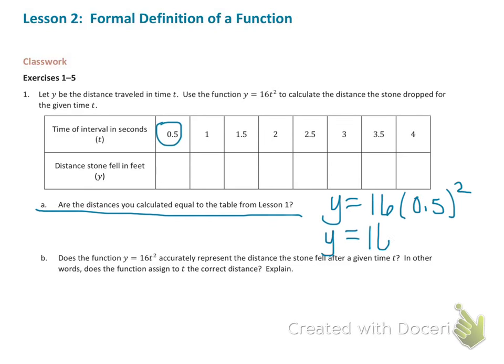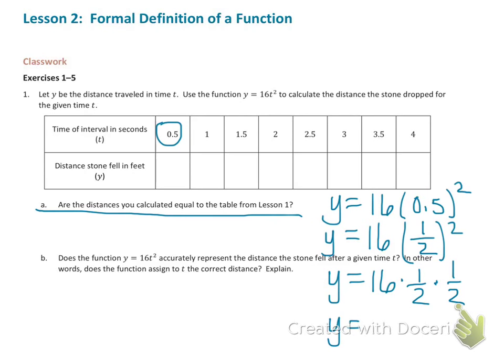So y is equal to 16. Now instead of 0.5 squared as a decimal, I'm going to write that as a fraction. That's 1/2 squared. So this becomes y is equal to 16 times 1/2 times 1/2. So that would be 1/4. So y is equal to 16 times 1/4, or 1/4 of 16, which is 4. So y is equal to 4 when t is equal to 1/2.